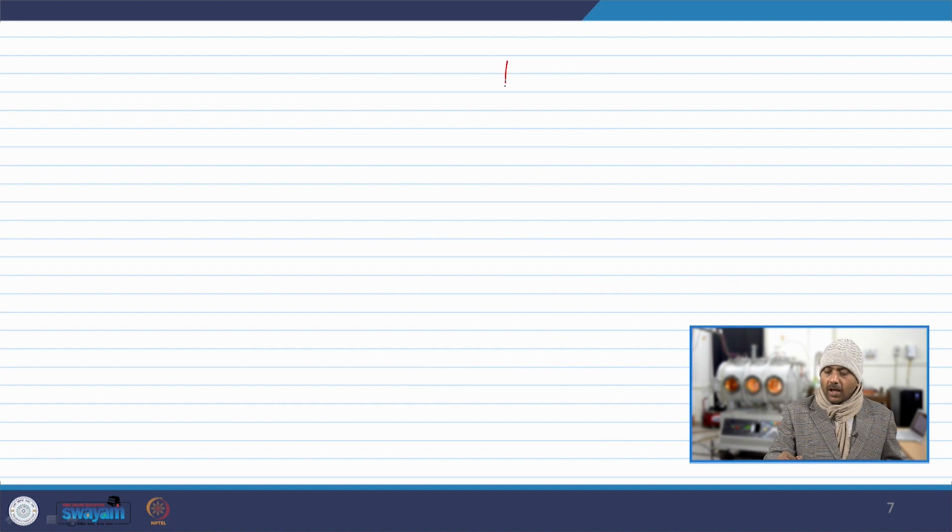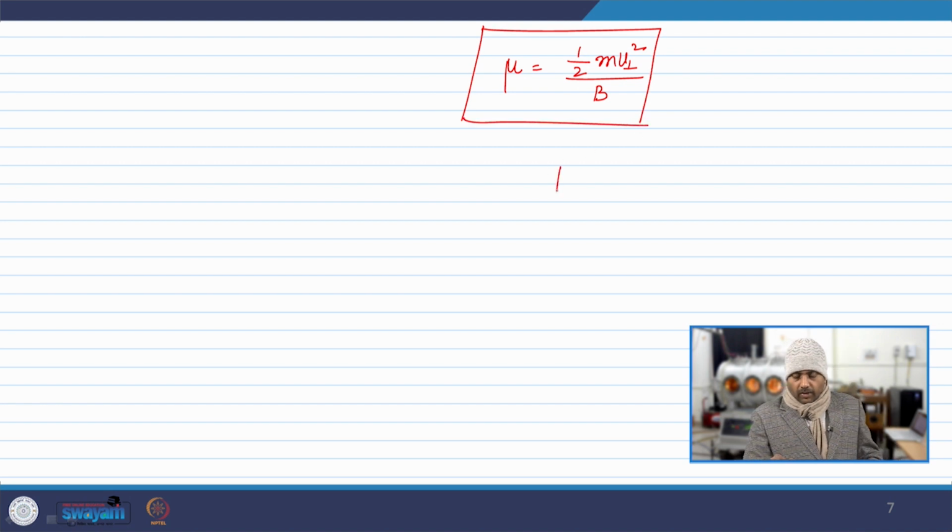This is the magnetic moment. Half m v perpendicular square by B. Or we can write the magnetic moment as the perpendicular kinetic energy by magnetic field.